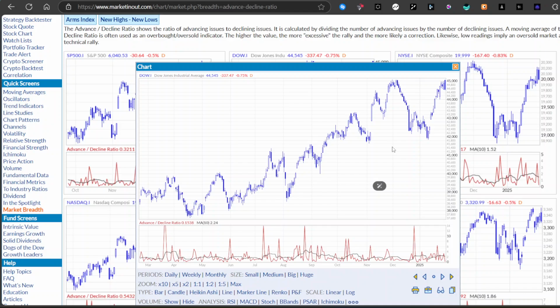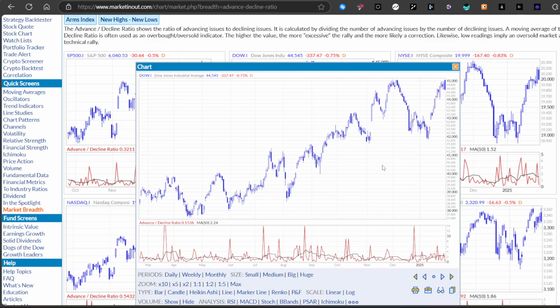Historical analysis of the ratio can provide valuable context and help you understand how the market behaves during different phases. This insight enables you to identify periods of strength or potential weakness, allowing for timely adjustments to your trading plan.